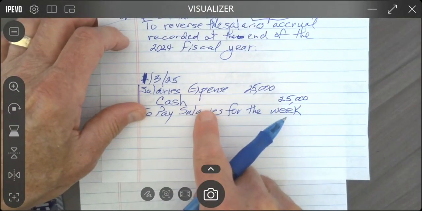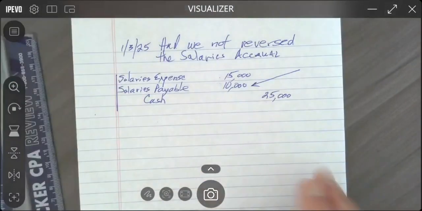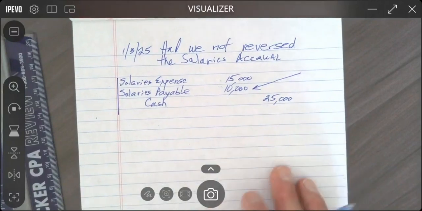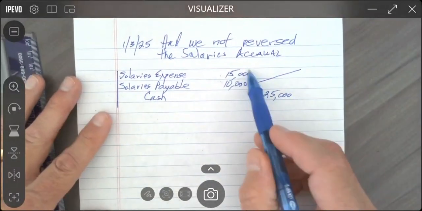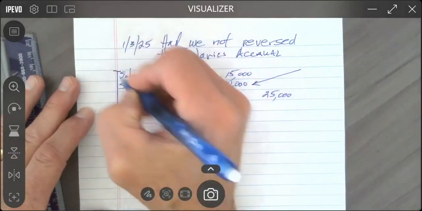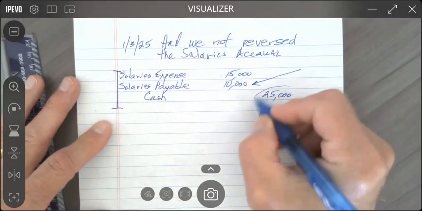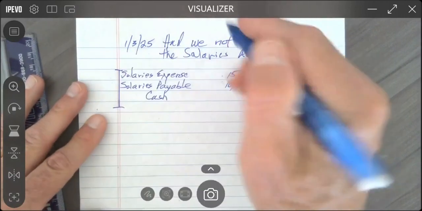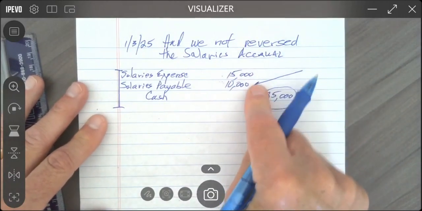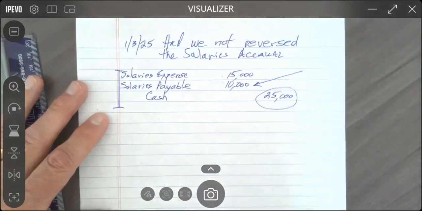Debit expense and credit cash. The system took care of everything by the reversing entry. Here, we didn't reverse it, and so we had to make sure we did this right and separated the $25,000 between the $15,000 that deals with 2025 business and the $10,000 that's payment for 2024 business.